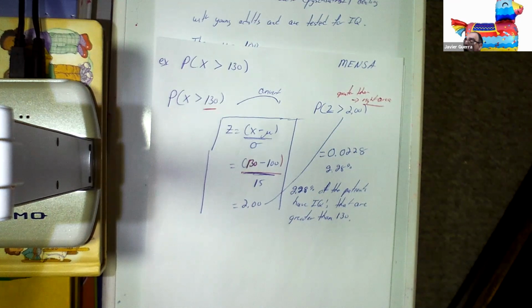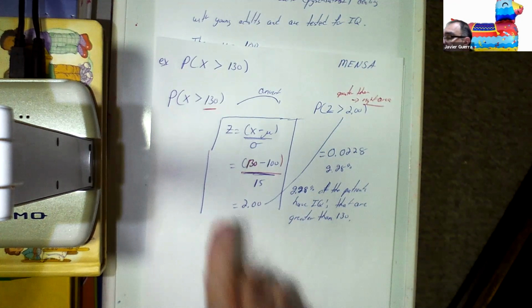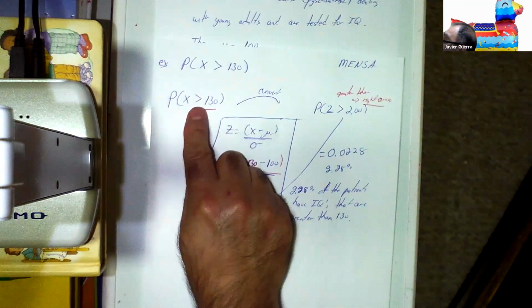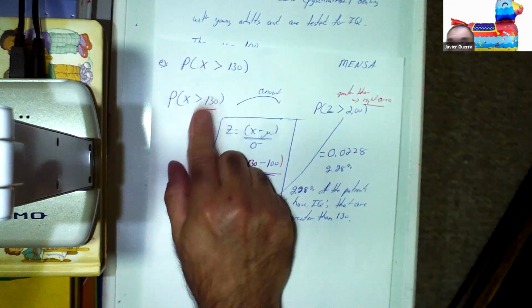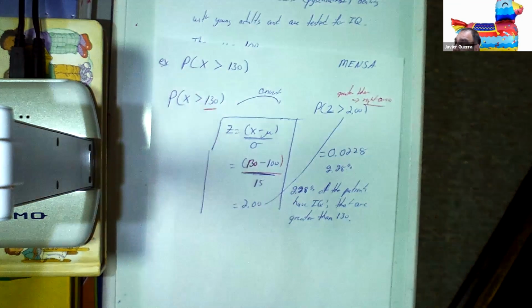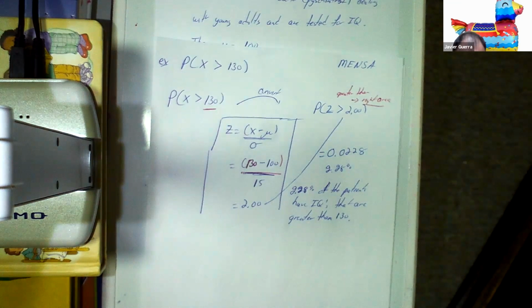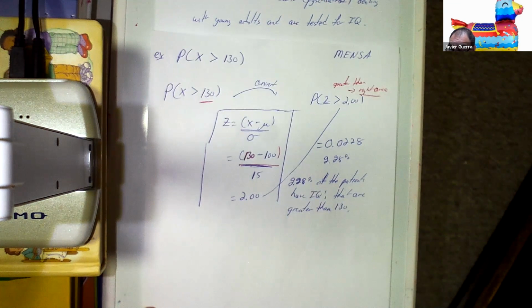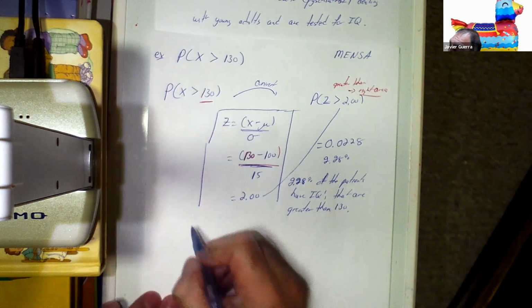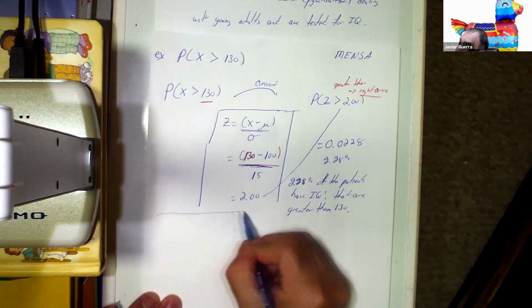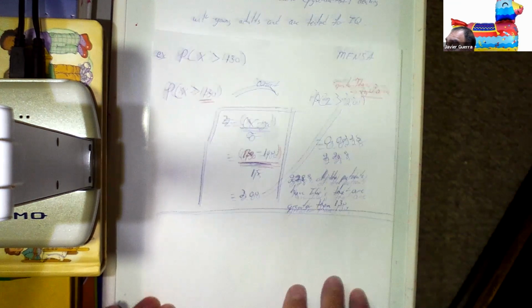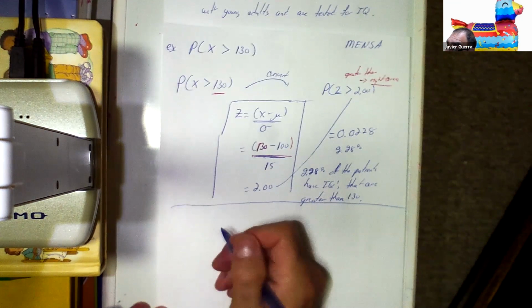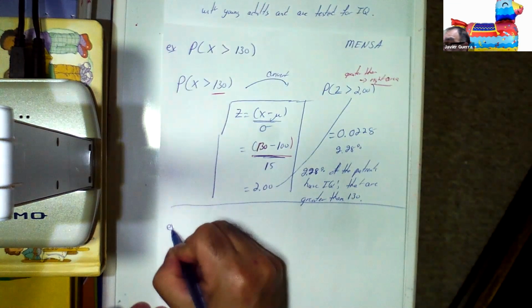Okay, so we did a less than. There's a greater than. We need to do one more. We need to do one that has an in between. Let me see if I can fit it. I hope I can fit it. Okay, so let's do one that has an in between.